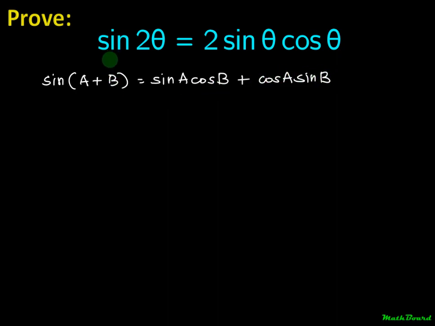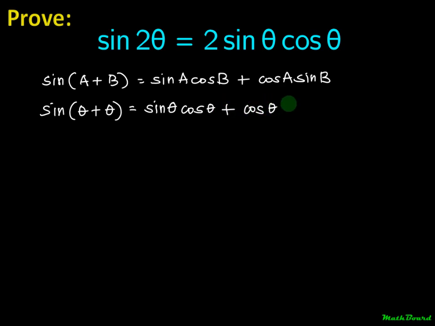So therefore, we can express sine 2 theta as sine theta plus theta, because theta plus theta is 2 theta, right? Then applying this formula, your A will be theta and your B is also theta. So by substitution, we have sine theta cosine theta plus cosine theta sine theta.